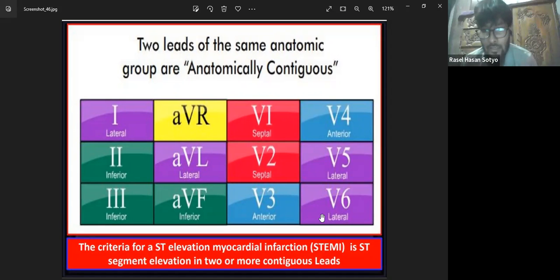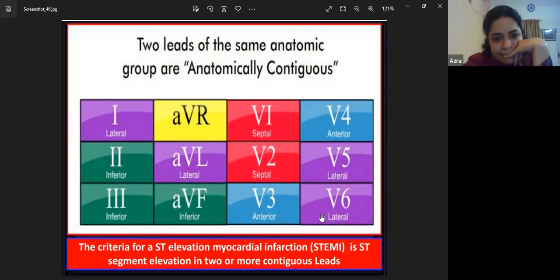If we see ST segment elevation in ECG leads 2, 3, and aVF, we can say it is inferior MI, inferior infarction. Yes, inferior MI.